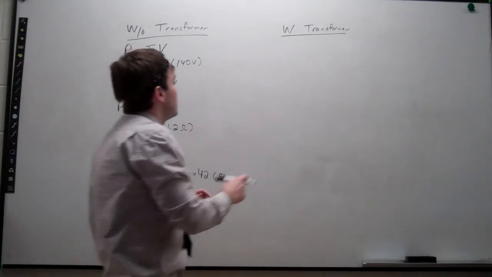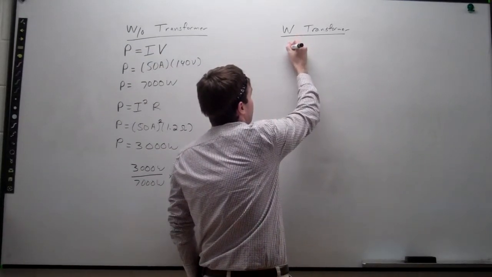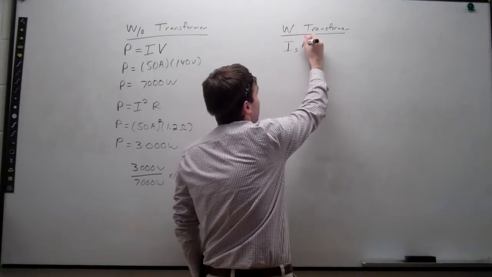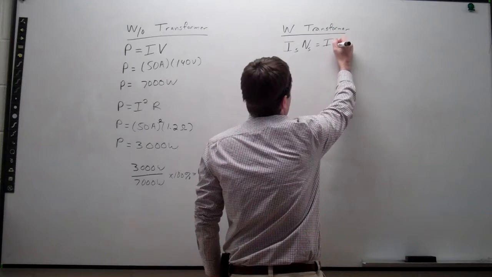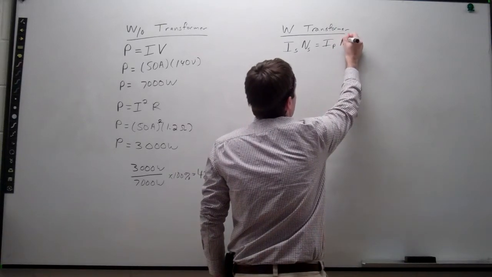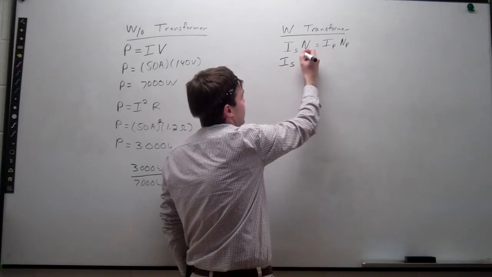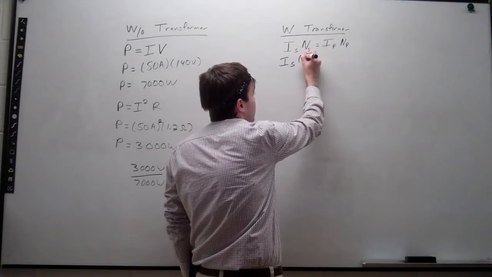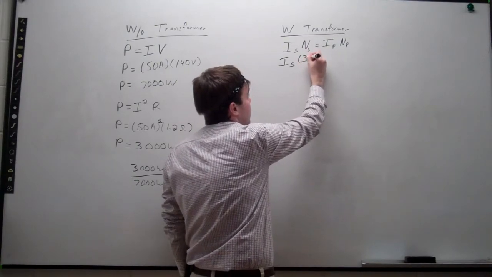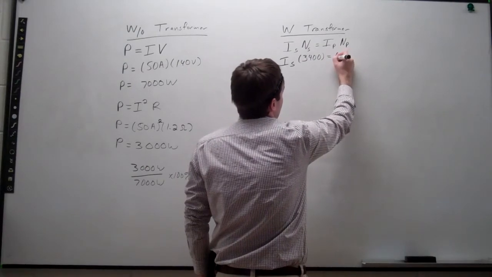Okay. So with the transformer, we're going to start with the transformer equation for current. And we'll look for the current in the secondary one. How many turns are in the secondary one? 3,400. 3,400 equals current in the primary, which was 50.